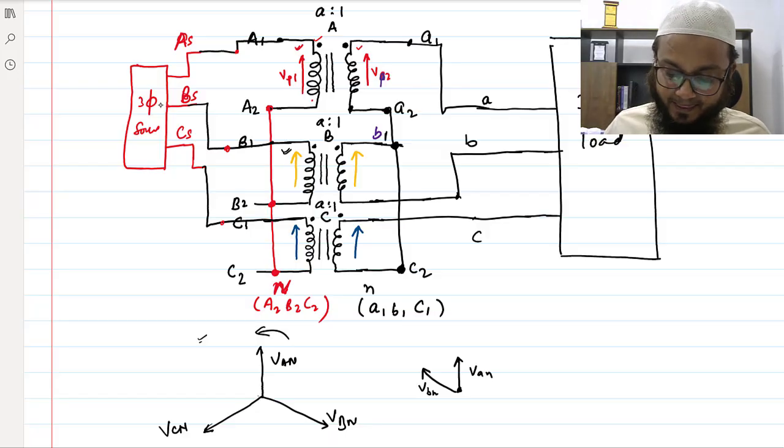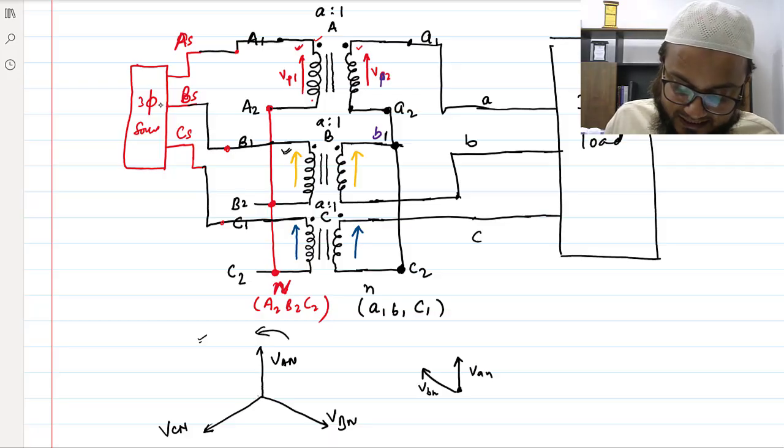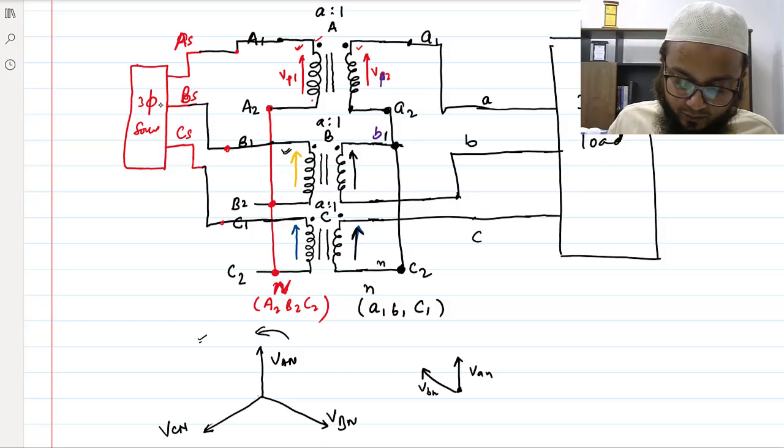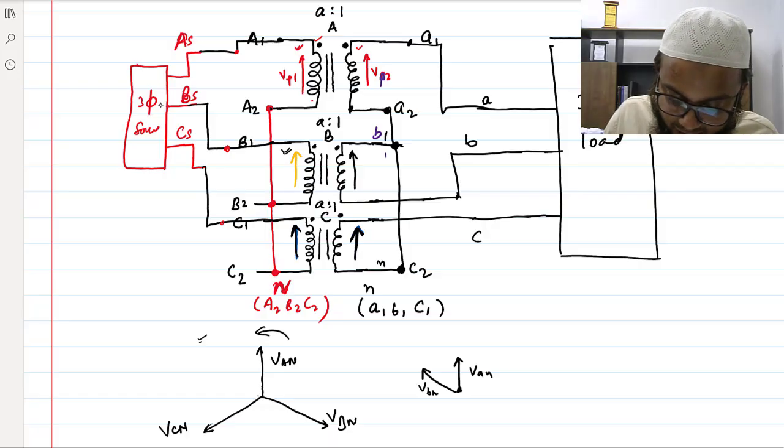Okay. And what about VCN? So VCN, if you see, this is the neutral here. This is the voltage direction. So obviously VCN would be the same as this one, right? Here VBN, if you see, VBN would be this voltage.